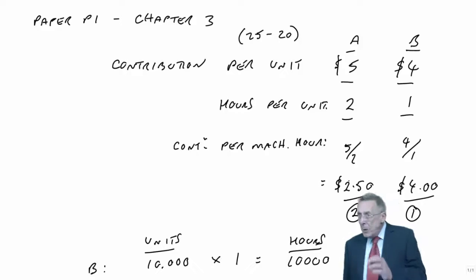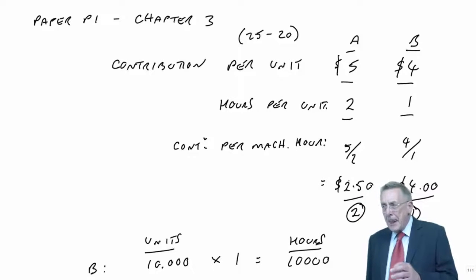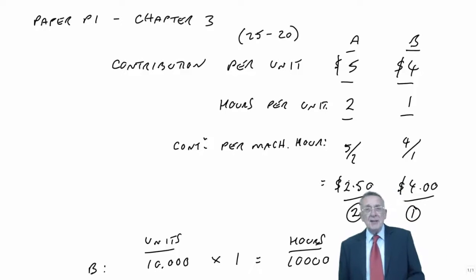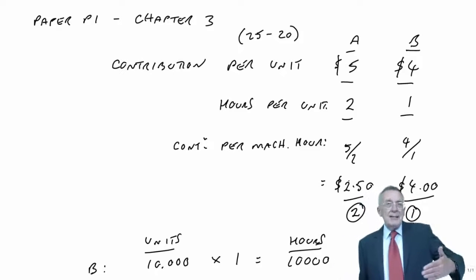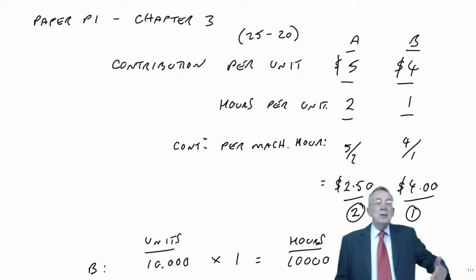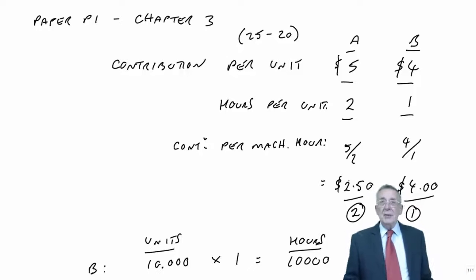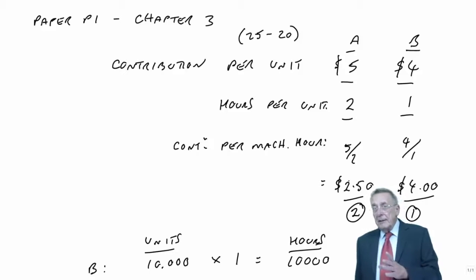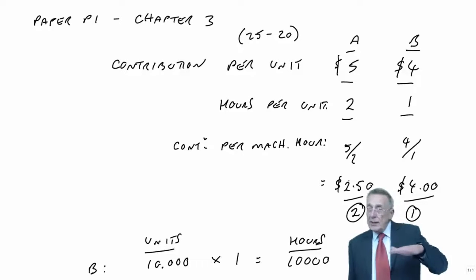However, for most businesses, I'm not saying this is a rule, every business is different, but just because next month you produce fewer units, your wages bill, your labour bill, is more likely to stay constant.